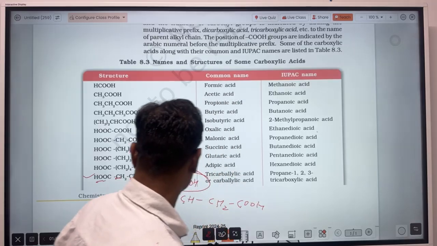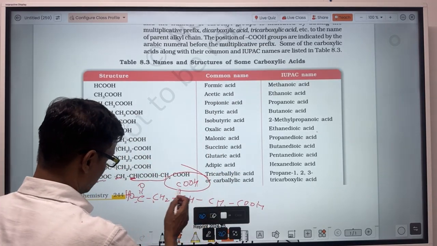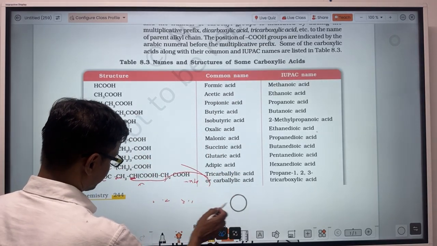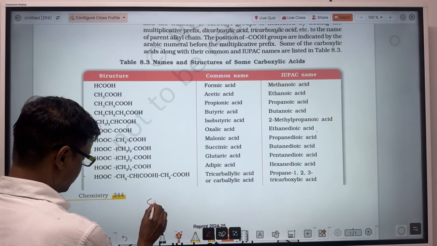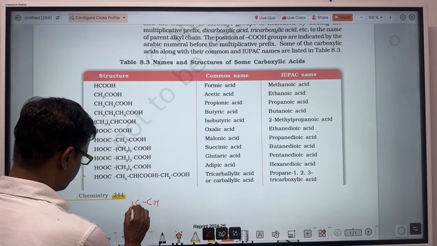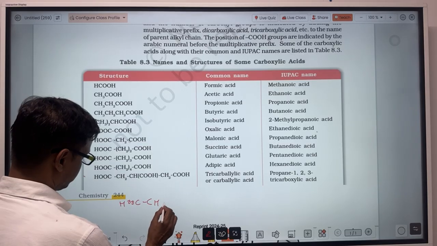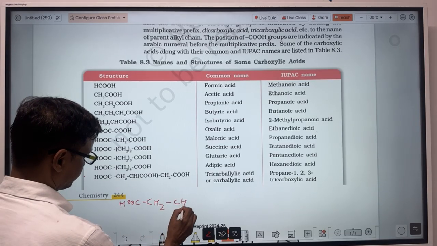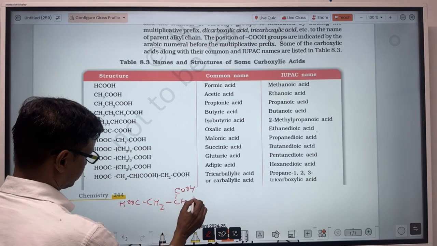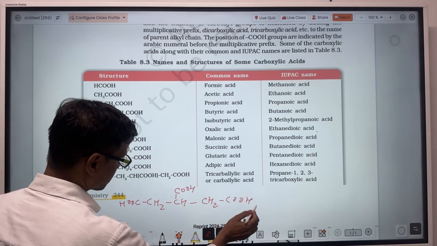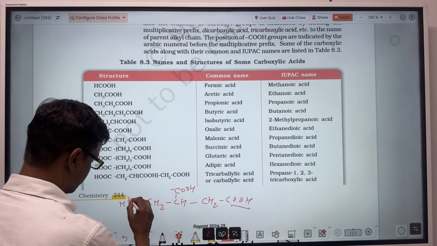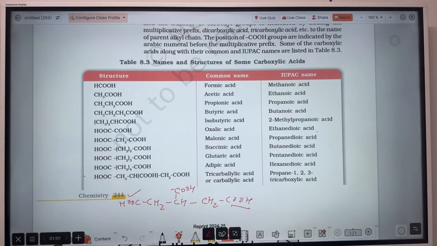So let's see here. Once again I have to draw the structure. So here CH2, COOH, so don't include this one and this one in the main chain.